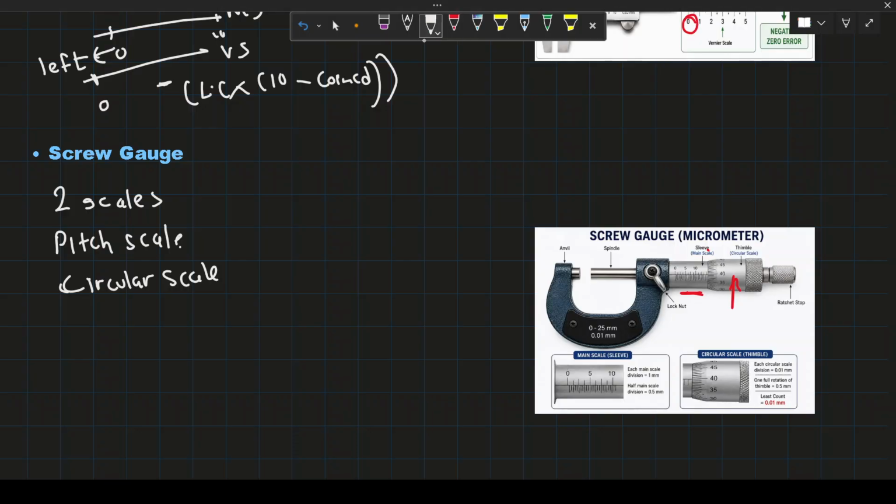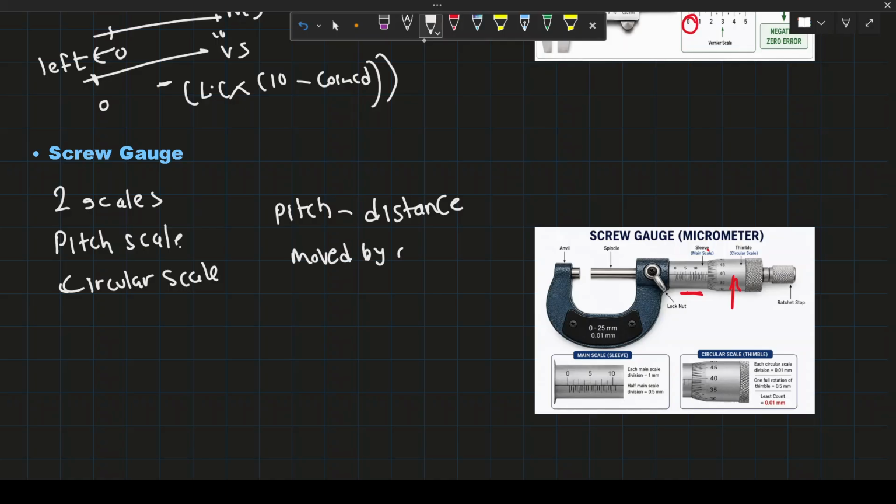If you want to define pitch, pitch is basically the distance moved between two consecutive threads, or basically the distance moved by a screw due to one complete rotation.